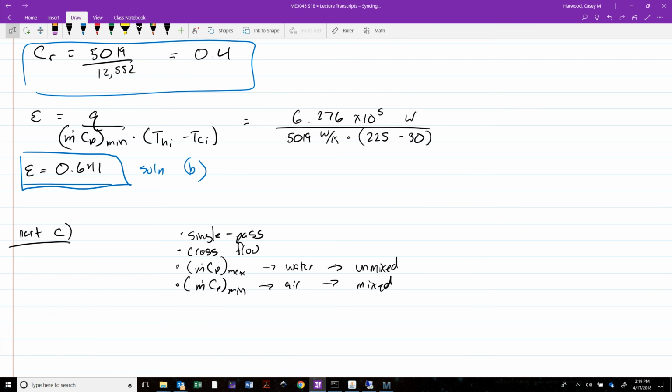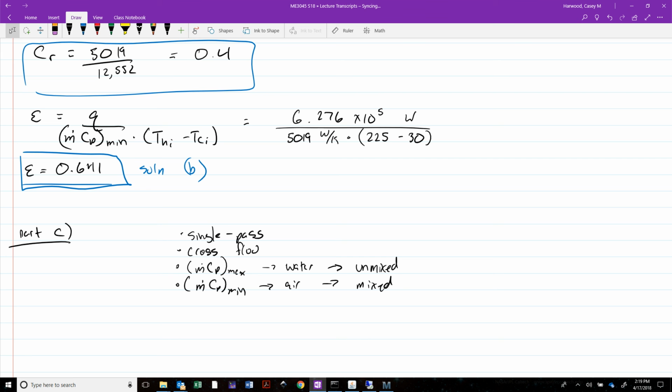And so from this, we can go down this list of relations in table 11.4. Parallel flow, no. Counterflow, no. Cross flow, single pass. Okay. And if we look at Cmax and Cmin mixed or unmixed, in both of these cases, we get to pick which one's mixed and which one's unmixed.